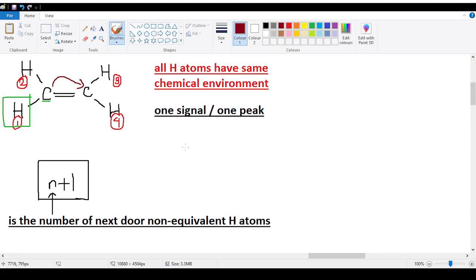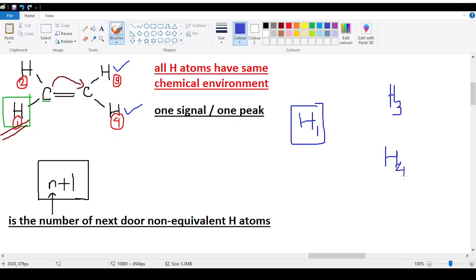Now here's the tricky part. Compared to this hydrogen that I have circled in green, do you think that these neighboring hydrogen atoms have the same environment or a different environment? Hydrogen 1, and the neighbor hydrogen atoms are hydrogen 3 and hydrogen 4.